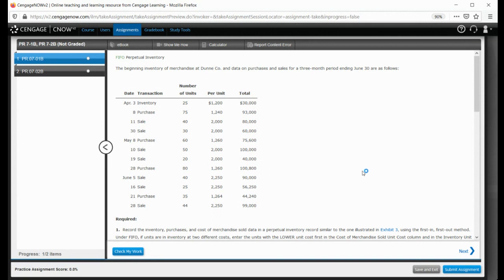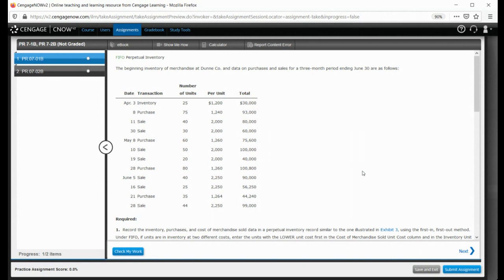And when you're purchasing identical units of inventory, if you purchase those identical units at different times, they might have different costs associated with them. And when that happens, we're going to have to use what we call a cost flow method to be able to identify the amount of the cost of the inventory that you're going to record on your financial statements.